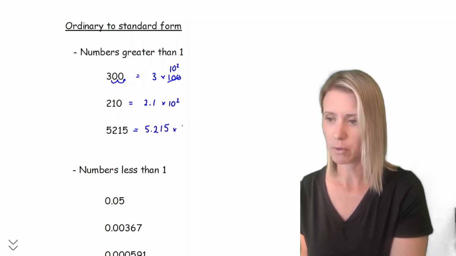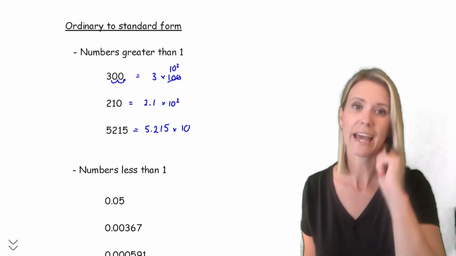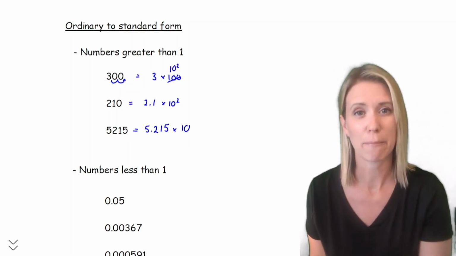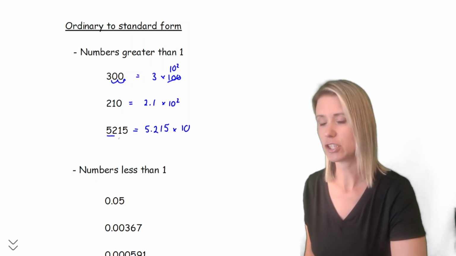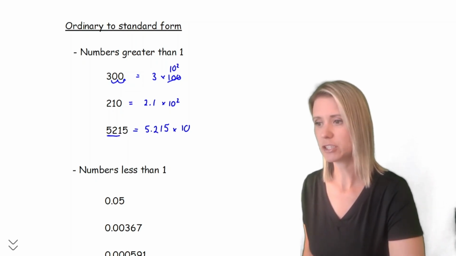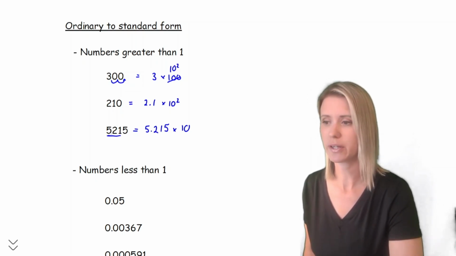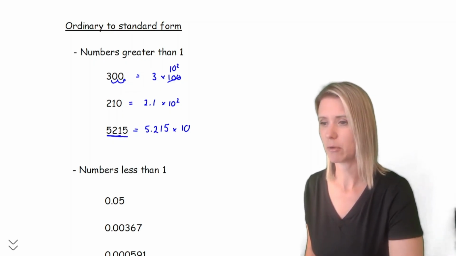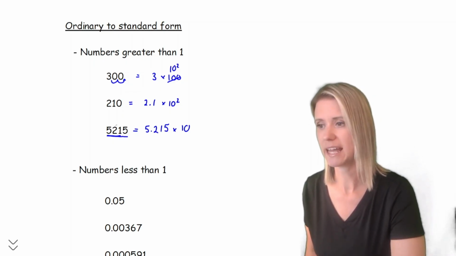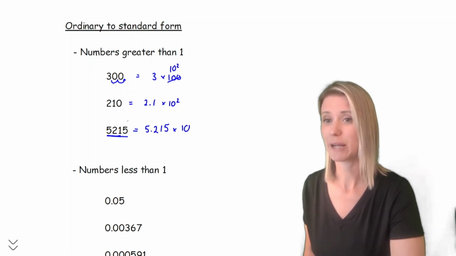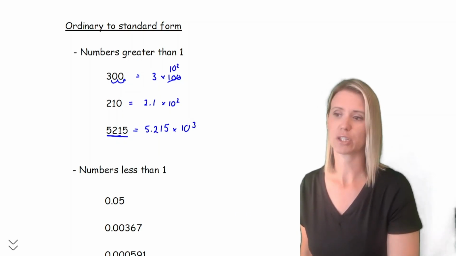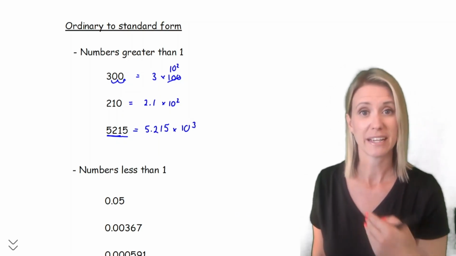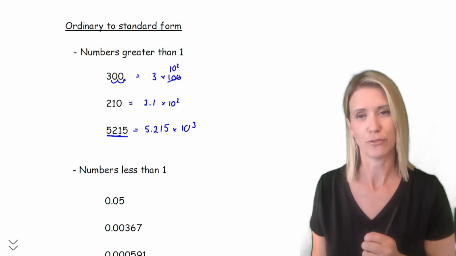How many powers of 10 have I got to multiply that by to get back to the original number? If I multiply it by 10, I'll end up with 52.15, times 100, I've got 521.5, and it's going to have to be multiplied by 1,000. So 5.215 times 10 cubed is the number in standard form.